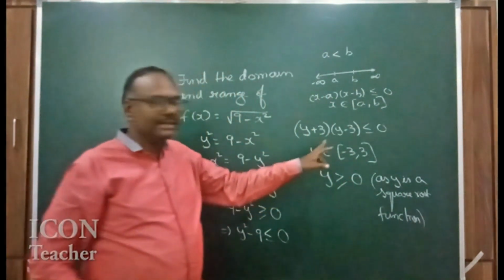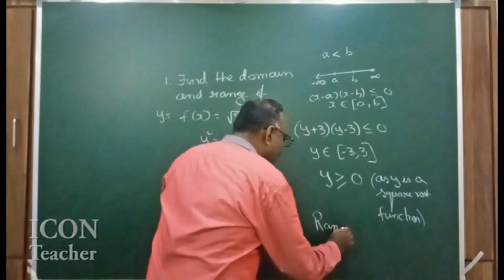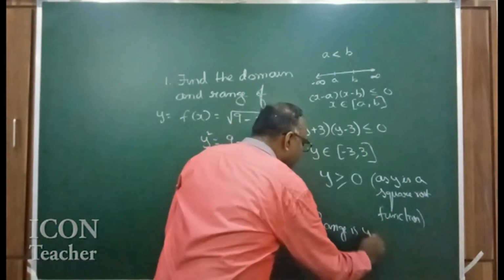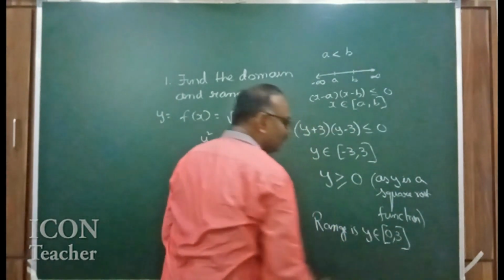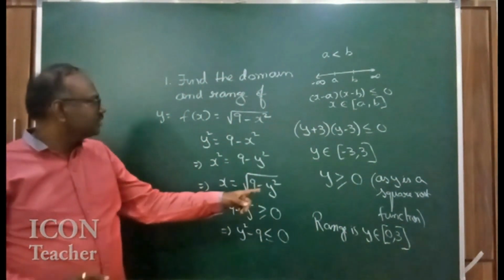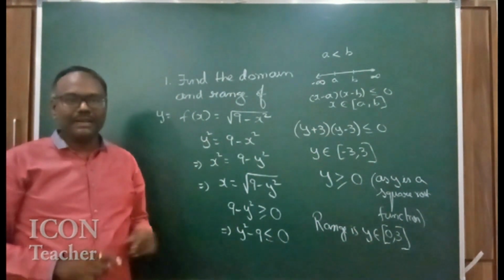So y cannot take the negative values, therefore the range is y belongs to closed interval 0 to 3. So this is how we find the range of this function y equal to square root of 9 minus x squared. You can make a note of this.